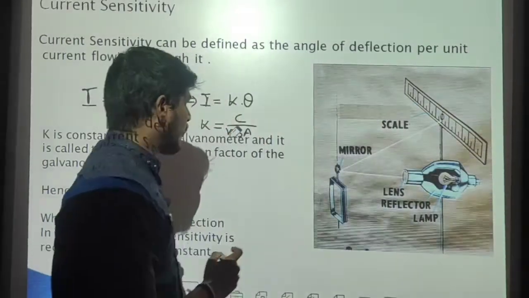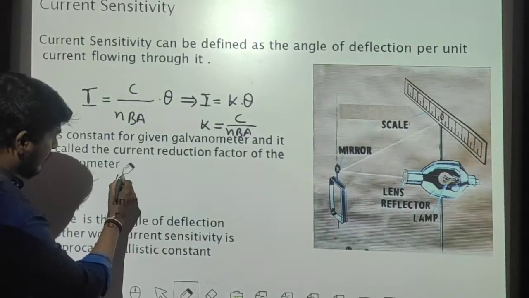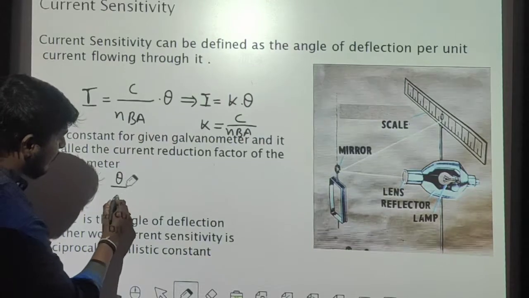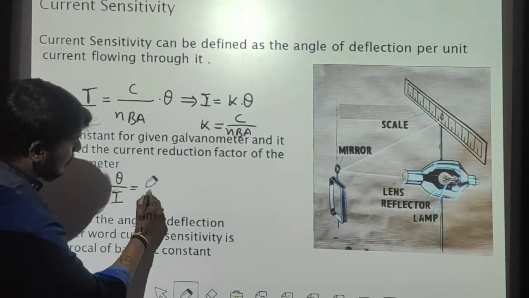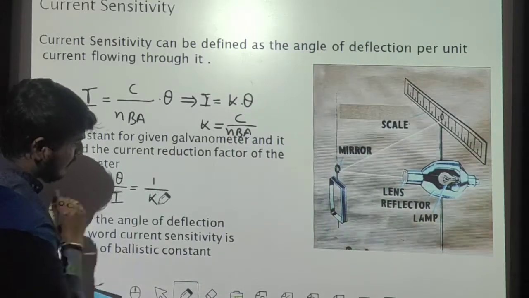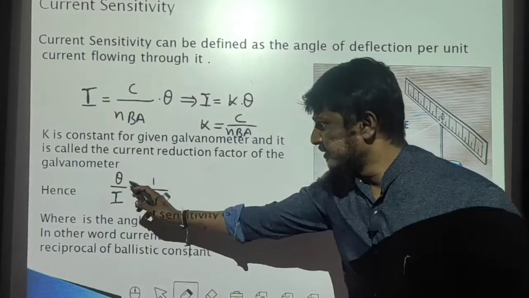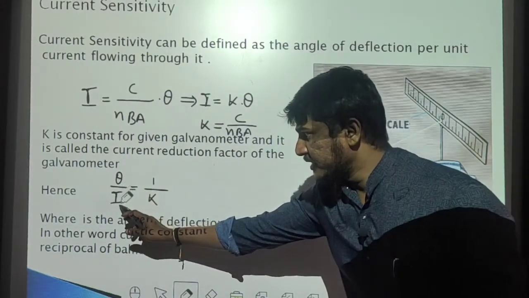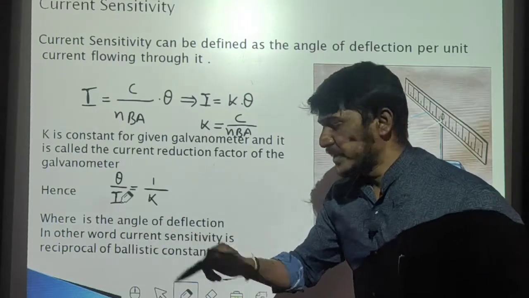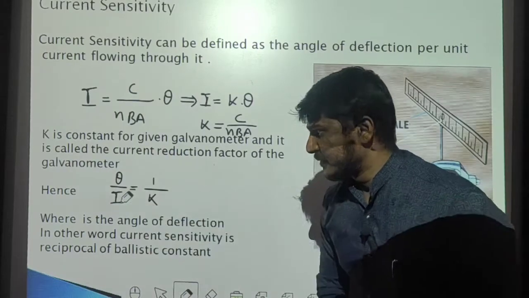Now I am going to rearrange these terms, that is θ/I = 1/K. Here we define current sensitivity: the angle of deflection produced per unit current flowing in the copper wire is nothing but the current sensitivity.